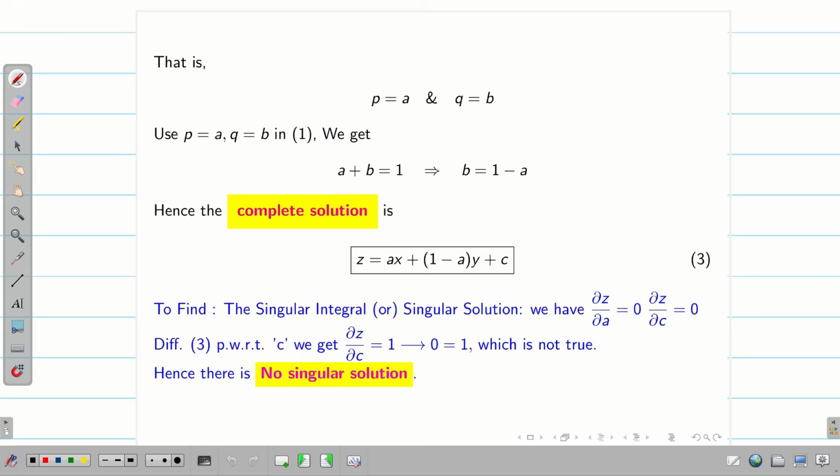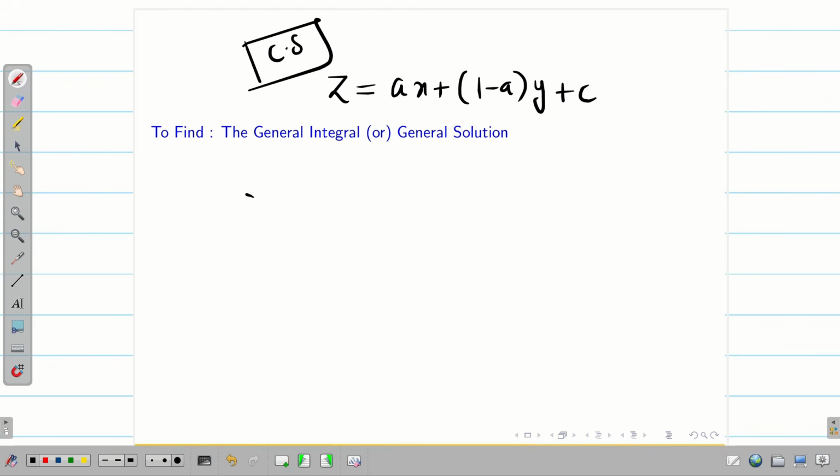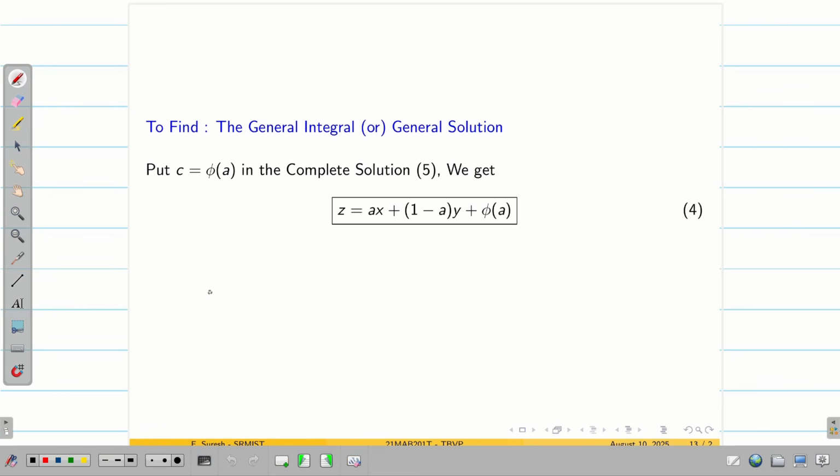Next we are going to find the general solution. General solution can be obtained from the complete solution. For this problem, we have z equal to ax plus 1 minus a into y plus c. This is my complete solution. Now I am going to replace this c by a function of a, and we get a new equation 4. Now differentiate 4 partially with respect to a, we get some equation with ∂z/∂a.